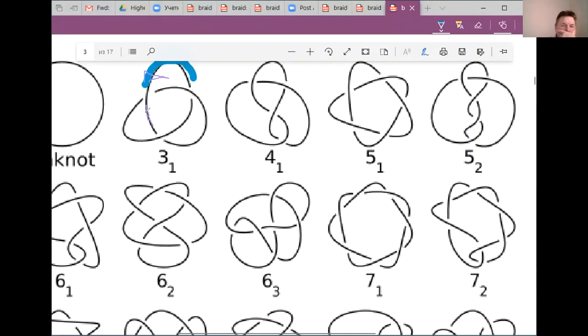Now consider what is called the Seifert circles. So this will be the Seifert circle. This will be the Seifert circle.